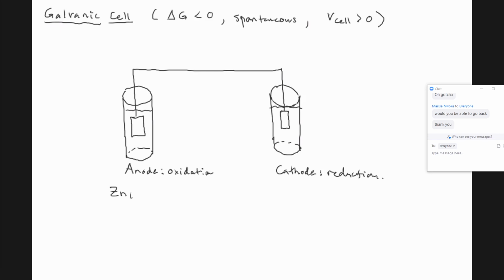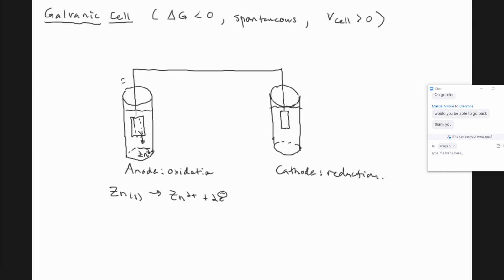Zinc metal is going to become zinc 2 plus and 2 electrons. So what ends up happening is that zinc metal becomes zinc 2 plus in solution. So it gets smaller. So that plate dissolves, right? It looks like it dissolves.